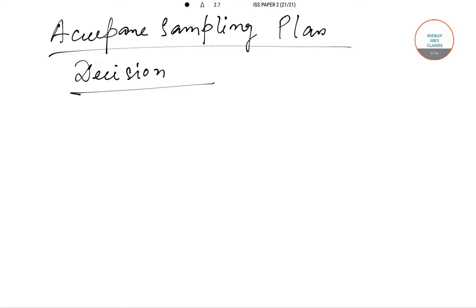Consequently, the consumer, sometimes in conjunction with the producer through contractual agreement, specifies the parameters of the plan.